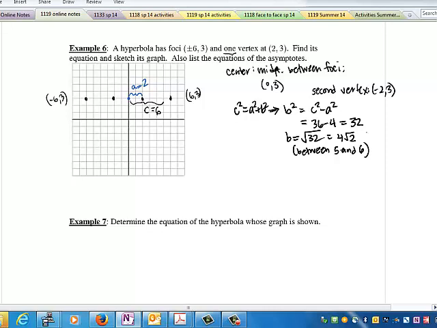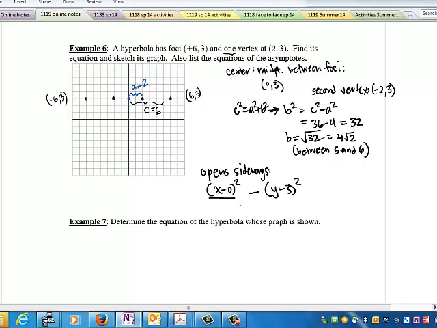Okay, so because this opens sideways, we know that the x should come first, and then the y group will have a negative coefficient. And because the center is 0, 3, we would have x minus 0 squared and y minus 3 squared.